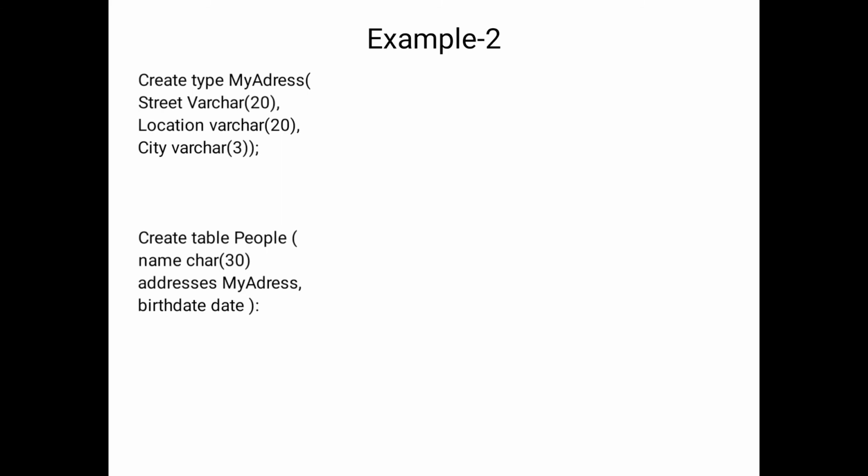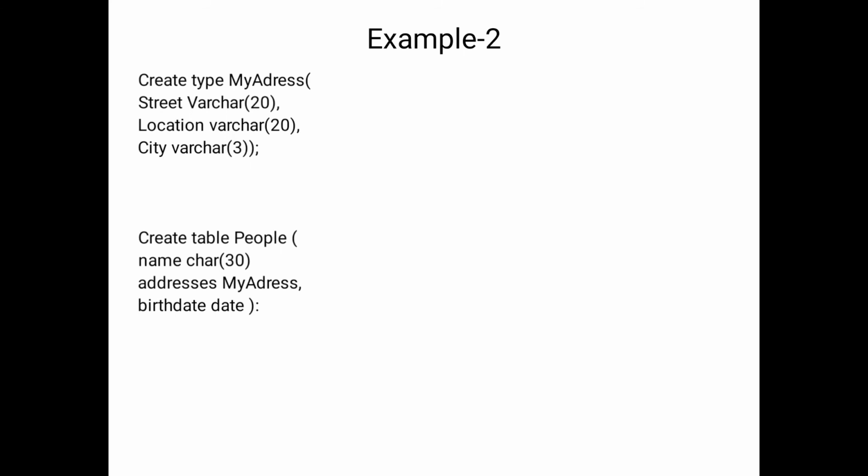Here my aim is to create the table with the table name people. Here name is the new field. Please observe the second line, addresses. Here I have considered the object of my address. With the help of this my address object we will retrieve the above three fields: street, location, city.